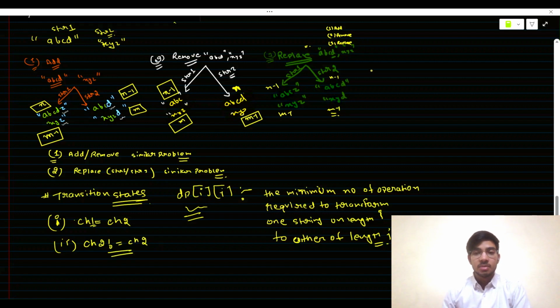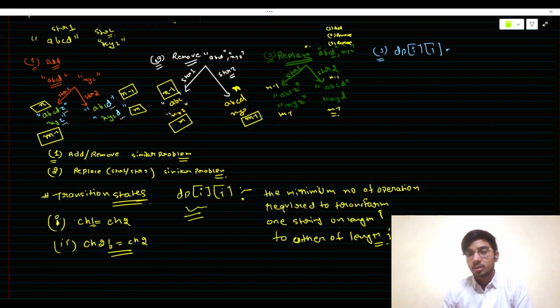So if they are matching, what could I write? dp of i j is nothing but dp of i minus one, j minus one. That is, if the characters are matching, what is the minimum number of operations required to transform a string of length i minus one and a string of length j minus one.